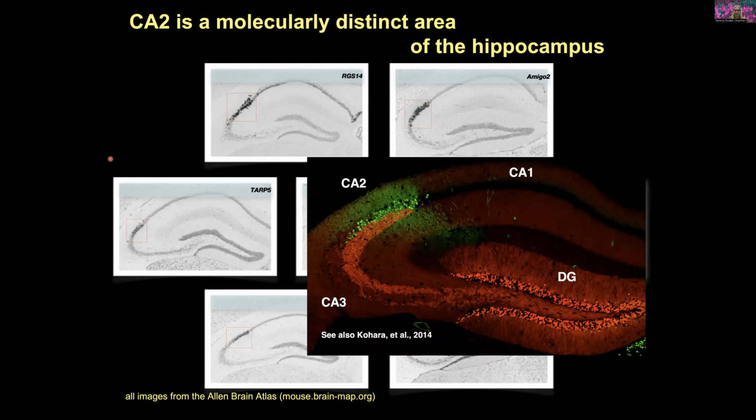Again, some of the fun tools we have now: this happens to be a GFP driven under the Amigo2 promoter, and then the mossy fibers showing here.